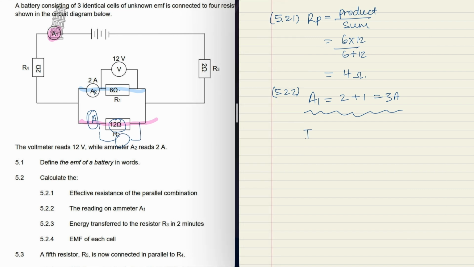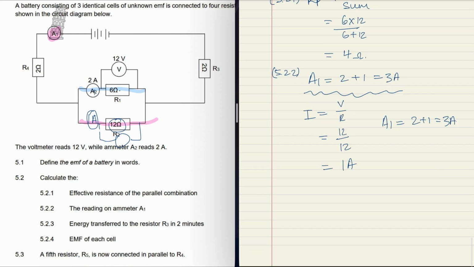I can say that I is equal to V over R. The voltage in the blue branch and the pink branch will be the same. So 12 divided by the resistance in the pink branch, which is 12, is equal to 1. So here, we didn't necessarily have to use ratios. You can do it through calculations. And then you can simply say that A1 is going to equal 2 plus 1, which is 3 amperes.